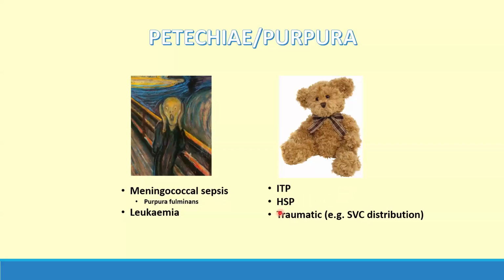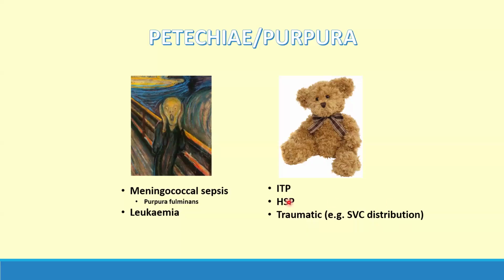They might also have some tummy aches and pains because this is a vasculitis, so they can have a bit of mesenteric adenitis. They can also have arthritis, particularly of the ankles, and you would worry about renal disease with these children as well. But they are not the child that needs resuscitation, though they are presenting with a very similar looking rash.